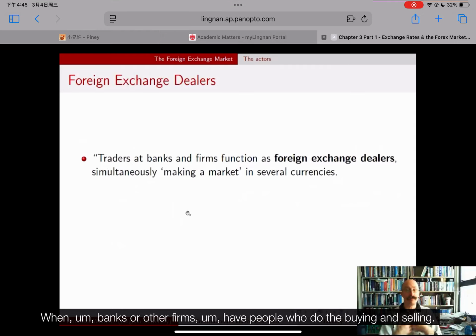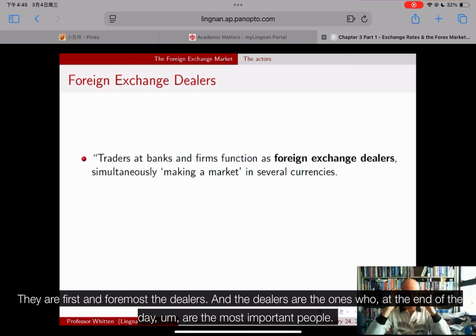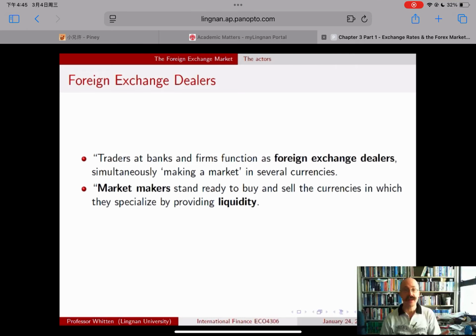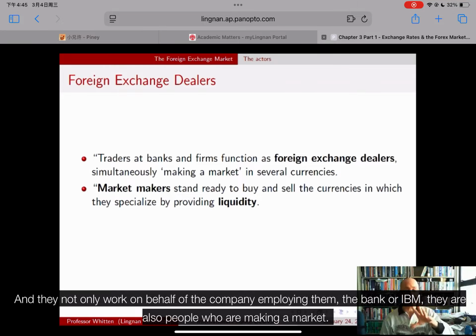When banks or other firms have people who do the buying and selling, they are first and foremost the dealers. And the dealers are the ones who, at the end of the day, are the most important people. And they not only work on behalf of the company employing them, the bank or IBM, they are also people who are making a market.